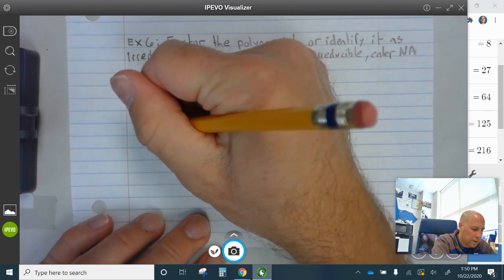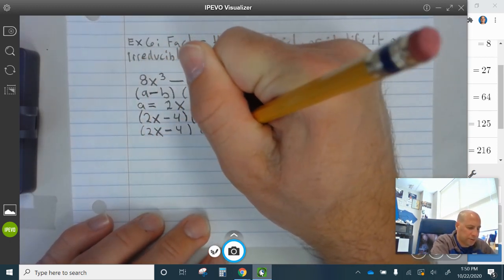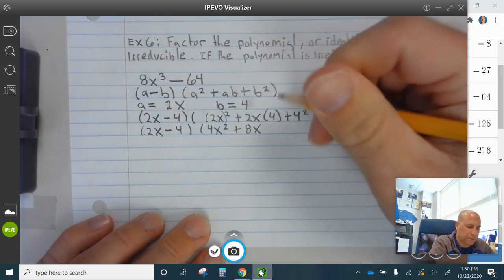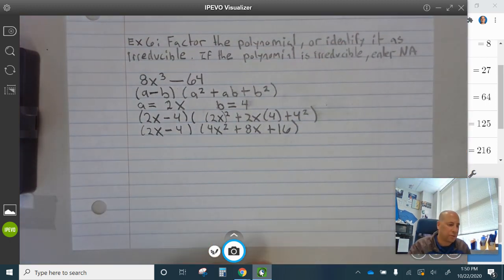Okay, well that is 2x minus 4 times 4x squared plus 8x plus 16. And if we factor this correctly, we graph this and this, they'll overlap. So let's check that now.